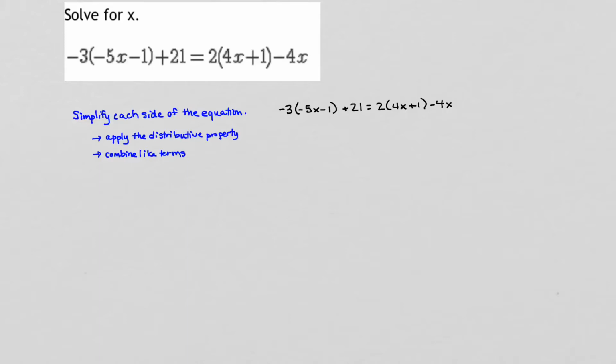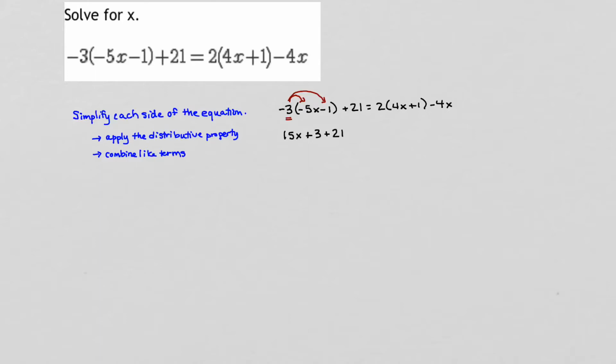That means I'm going to take this -3 and distribute it into the quantity -5x minus 1. So let's multiply. -3 times -5x is going to give us positive 15x, and -3 times -1 is going to give us plus 3. So the left side becomes 15x plus 3 plus 21.